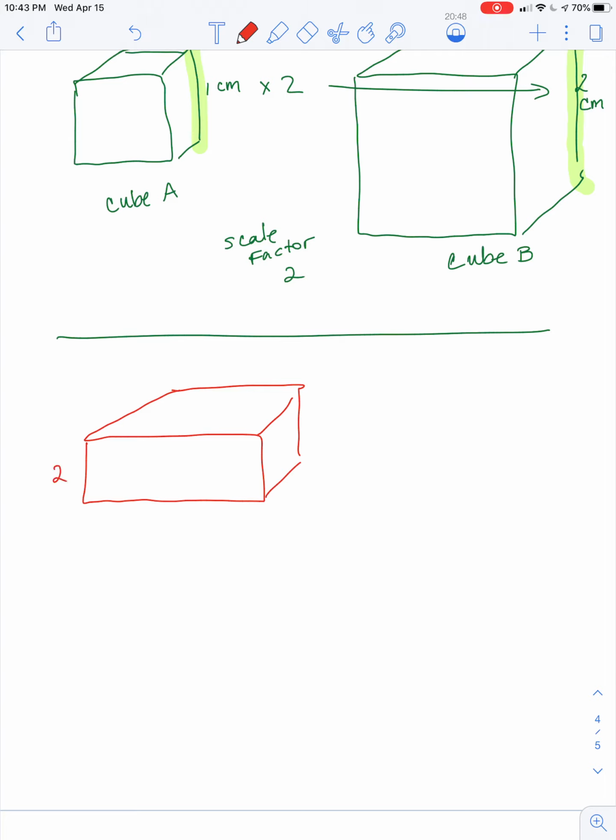I'll do those in red just to change up the color a little bit. Okay, and on this one I have 3 centimeters across the bottom, 2 centimeters in height, and then going back here is 4 centimeters. Okay, and then I have another one over here that's larger. I'm going to have to probably draw it down here a little bit.